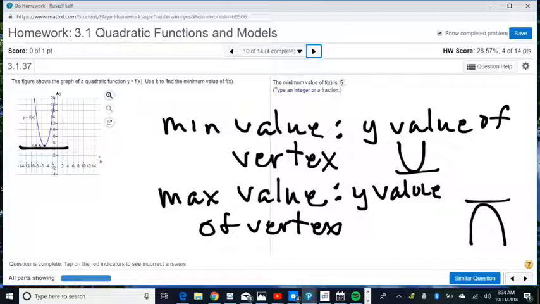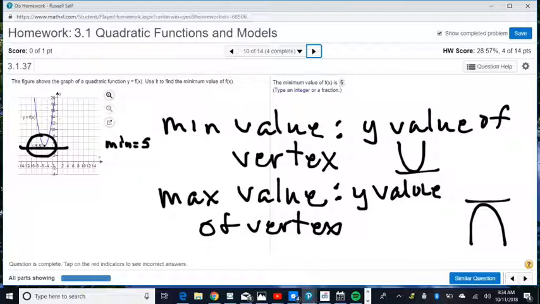So just read it here, and they even conveniently tell you the vertex is negative 5, 5. That means that the minimum is positive 5. Okay, so couldn't be much easier on this one because they graphed it for you.